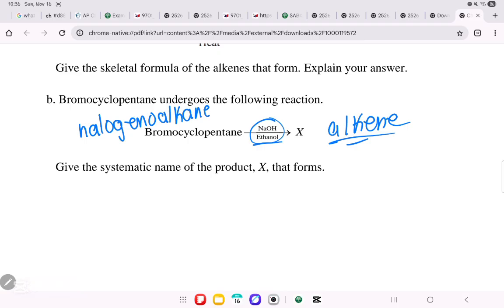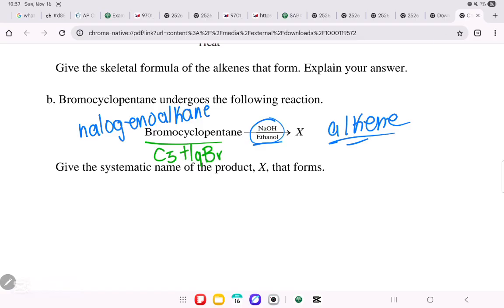Now what happens? Basically, what happens in this step-by-step process is that bromocyclopentane is, let me just double check, C5H9Br.